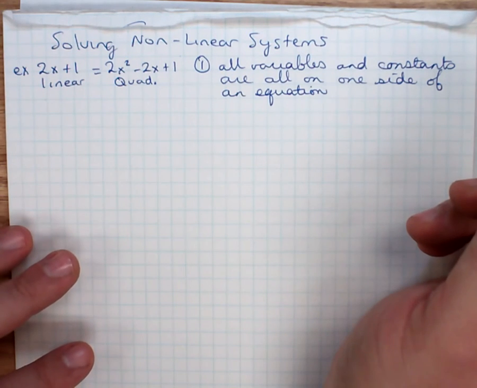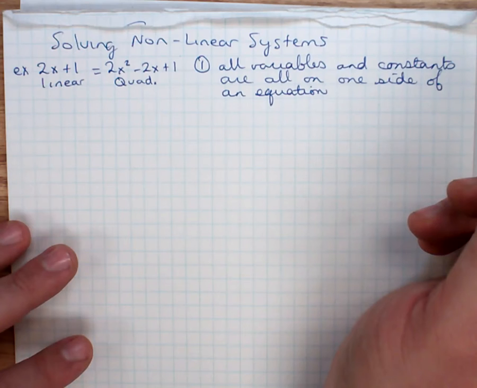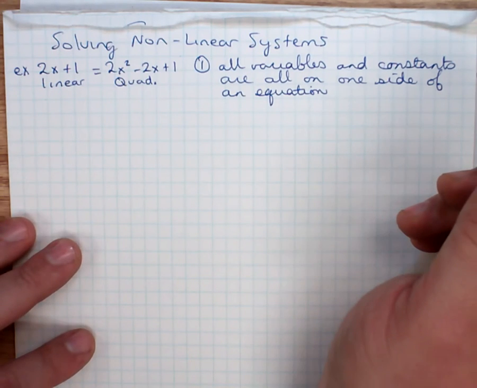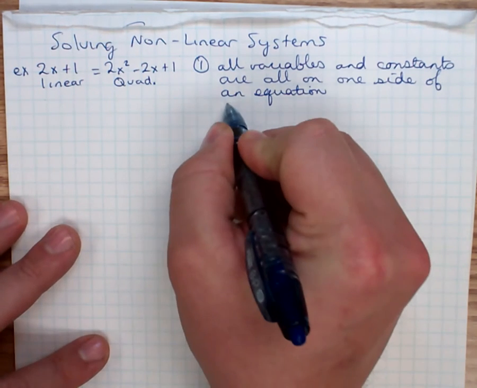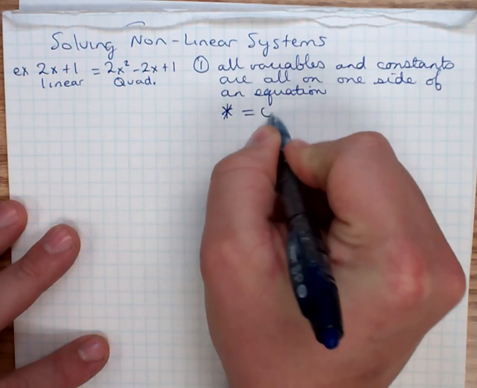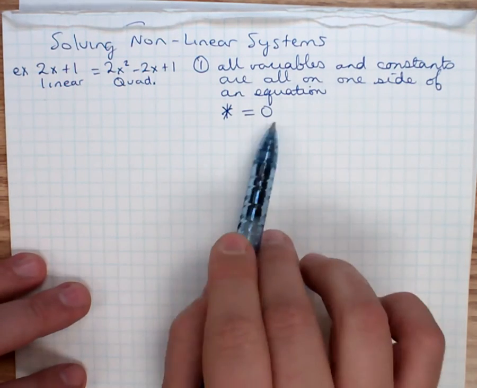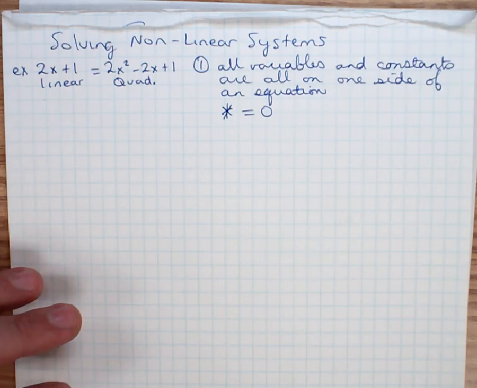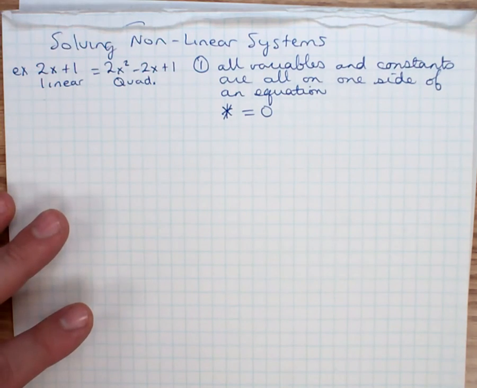So that's the prompting I give you, that when we are solving these, it has to be equal to 0 first. That's the closest I could give you, or try to prompt you into thinking about on a test.